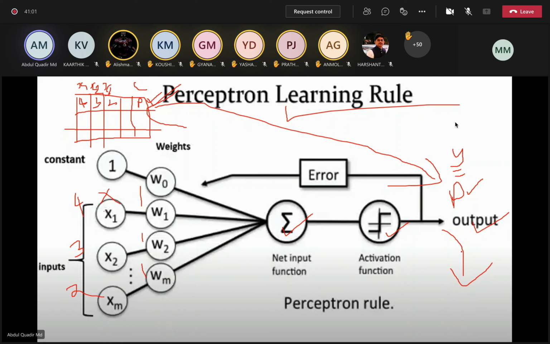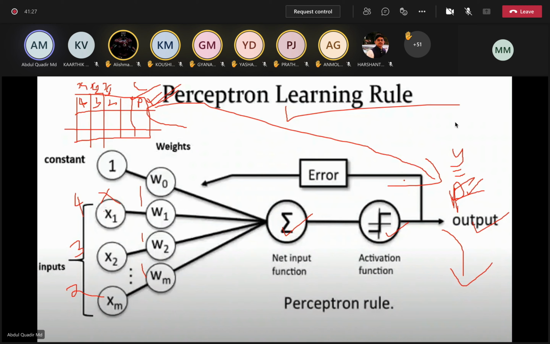But now consider, I am putting my inputs as this one. I am doing some modifications with the weights, and my final output is predicting fail. What is my classifier predicting? Pass. Is there any error?